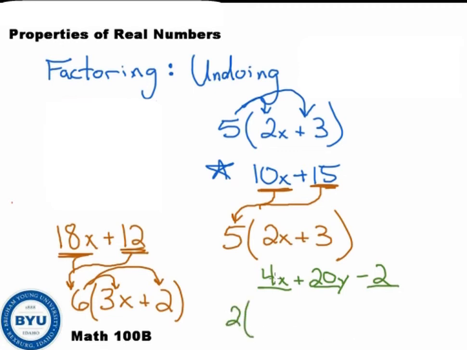As I pull a 2 out of 4x, we would divide, and that leaves us with 2x. As I pull a 2 out of 20y, 20 divided by 2 is 10y. And as I pull out a 2 out of 2, 2 divided by 2 is 1. And we would be left with that answer. That's how we do factoring. It's undoing the distribution.